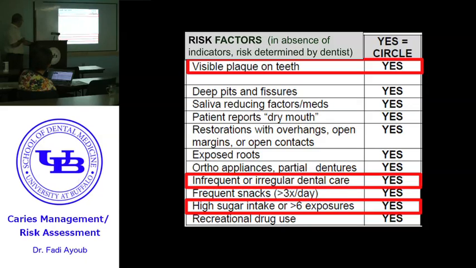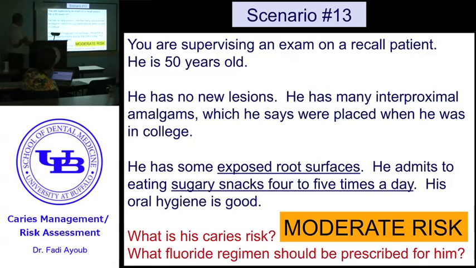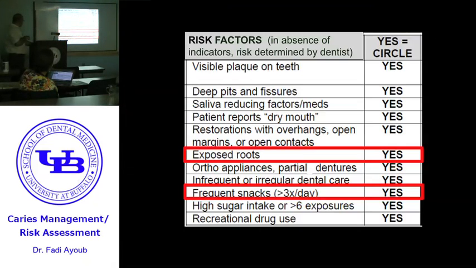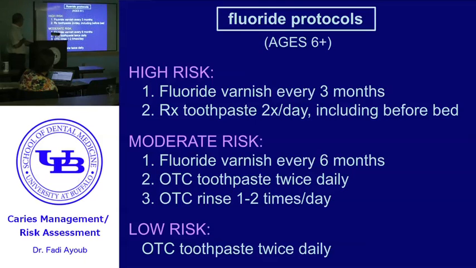She has almost all the factors that categorize her as high risk. For scenario 13, you guys are right also, it's a moderate risk. If you look at the exposed root surface, sugary snacks, but no new lesions. So the exposed root is a little bit of risk. The snack, more than 3 times a day.